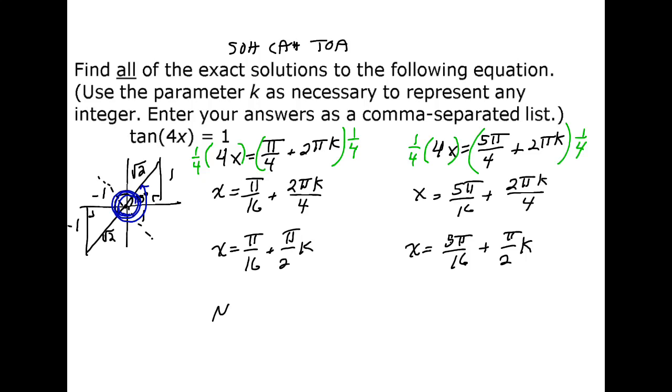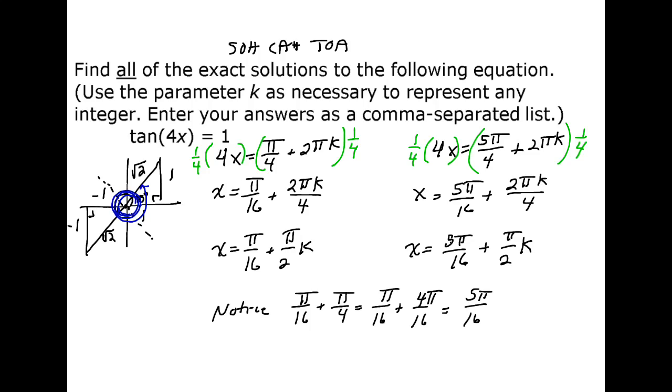Now notice that pi over 16 plus 1/4 pi comes out to be pi over 16 plus 4/16 pi, or 5 pi over 16. So these two answers are just 1/4 pi apart.